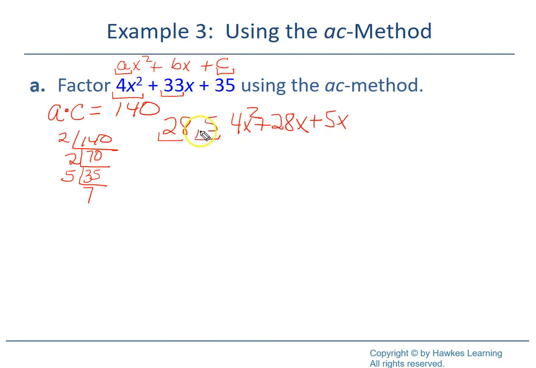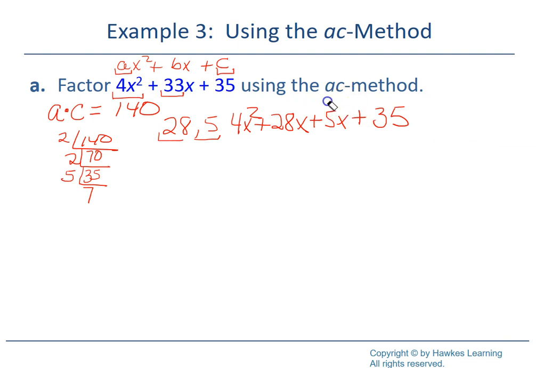Just using our factors here. And this is going to be plus 35. Now remember, this adds up to our b term, which is 33x. But now we have a 4-term polynomial that we could factor using that grouping method.